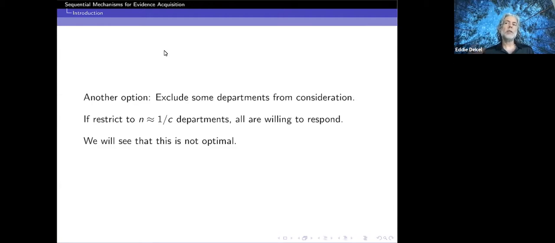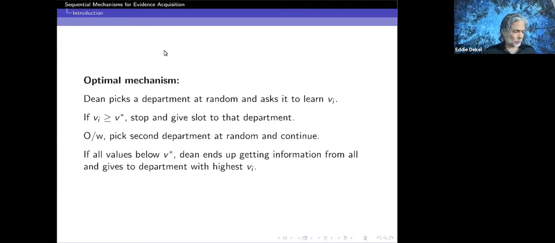Okay, so it's very easy, just tell the 1 over C, this is the largest integer just below 1 over C to be precise, to get information, tell the rest to go away, they present their evidence, you give it to the highest one. But clearly there's a potential loss there because there's lots of other departments which may have higher values and we're just excluding them randomly because we don't know which ones to include. We'll see that it's not optimal, in fact, to do this.